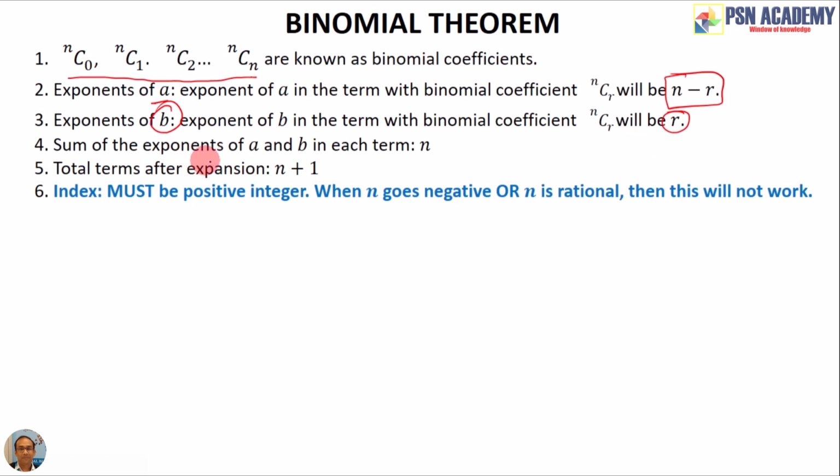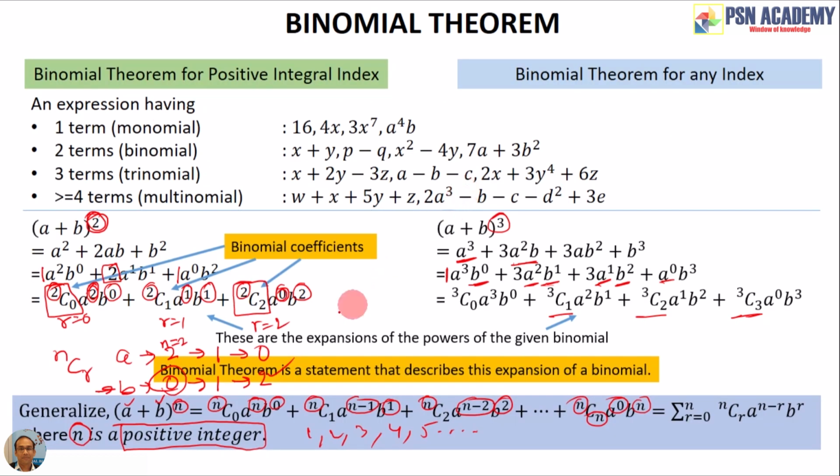And if you add the exponents of a and b, then you get n, right? So you see in the previous slide, suppose this one is 1 and this one is 1, this 1 plus 1 gives you 2, this one is 0, this one is 2, it will give you 2. If you add these two also, you will get 2.